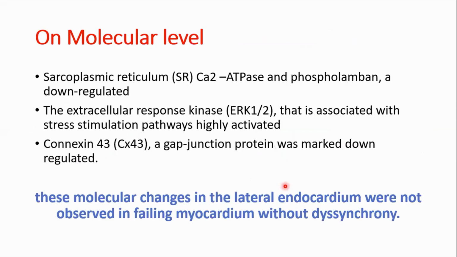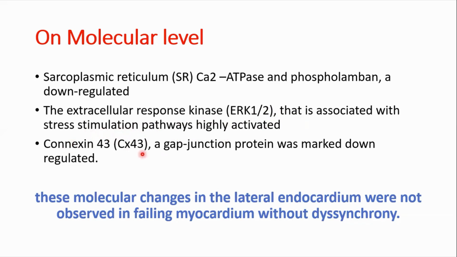Not only this, but on the molecular level, there is downregulation of the sarcoplasmic reticulum calcium ATPase and phospholamban. This is responsible for generation of contraction. The extracellular response kinase, a protein kinase that is associated with the stimulation of wall stress pathways, is highly activated and overrepresented in the lateral wall.